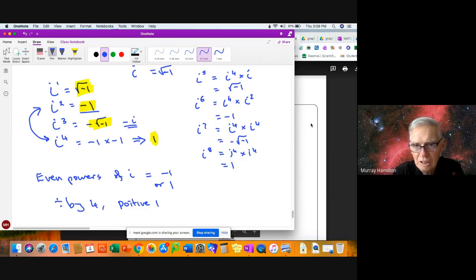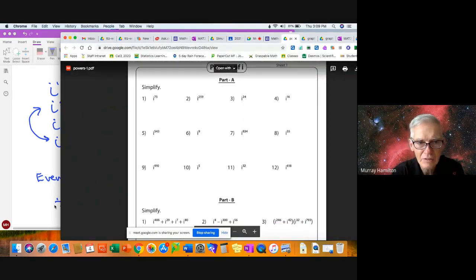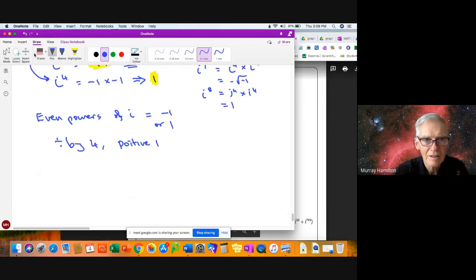So the worksheet there on powers of i, like if you're asked to find i to the power of 9. So the question there says find i to the power of 9. That's i to the power of 4 times i to the power of 4 times i to the power of 1, which is 1 times 1 times i, which is just i.